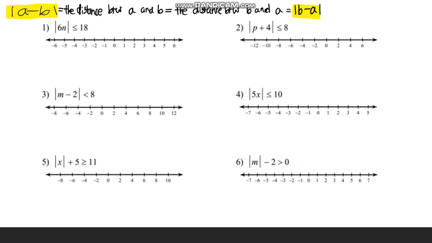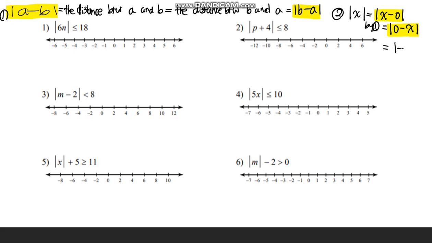Okay, so that's the first thing you need to remember. The second thing is, if there is just a single value, absolute value of x, then this means the absolute value of x minus 0, so it's the distance between x and 0. On the same token, applying the first one, this is the same as 0 minus x, so x minus 0 is exactly the same as 0 minus x as long as they're under the absolute value.